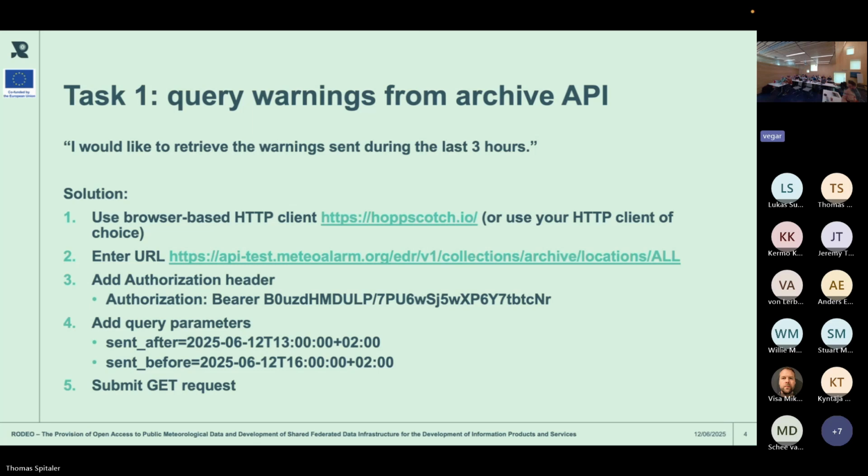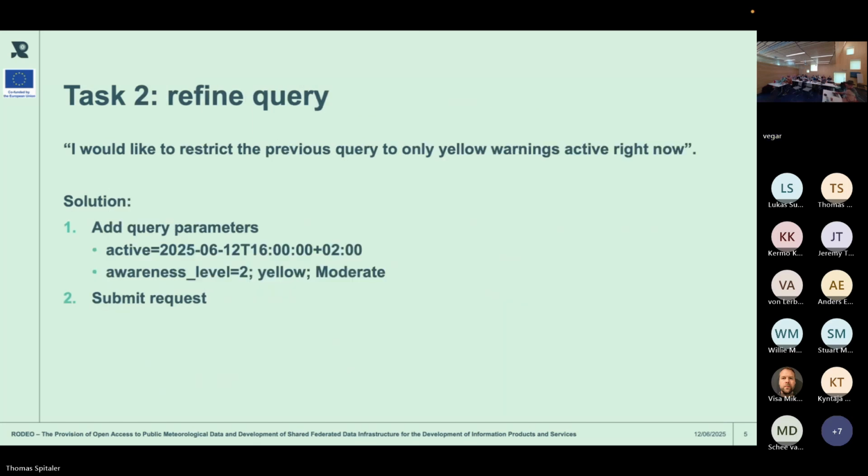If you have questions regarding task 1, you can still ask them because it's just refinement. Now we would like to restrict the previous query to only yellow warnings that are active right now. We need to add 2 query parameters given here, which will restrict the result set, and then submit the request.